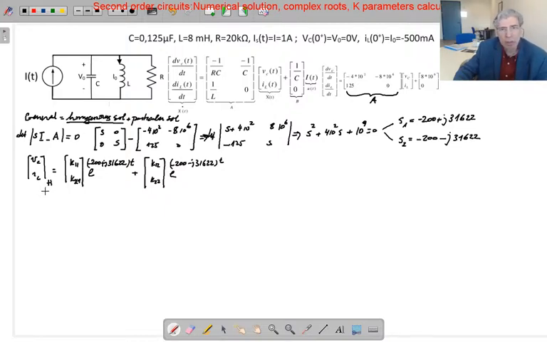What about the particular solution? You remember, since our independent source is DC, particular solution is going to be DC as well. When it is DC, we can use the definition relation and calculate the particular solution from the circuit.